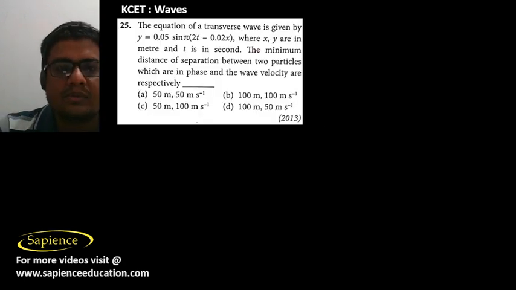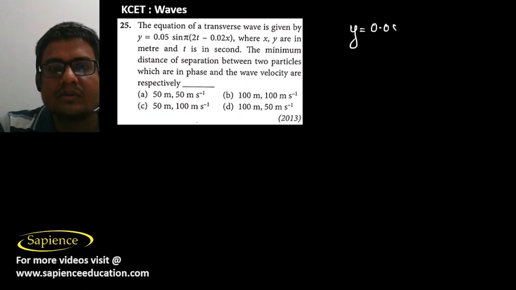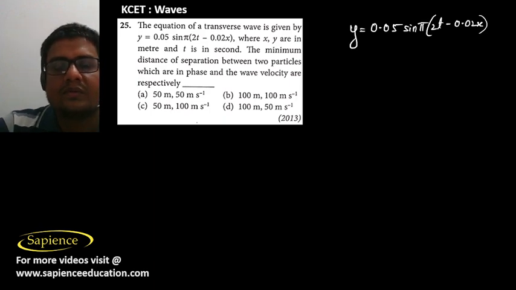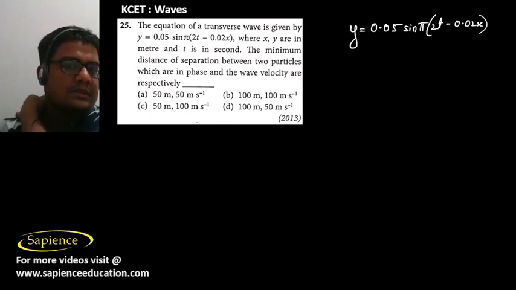Then in question number 25, it is told the equation of a transverse wave is given as 0.05 sine pi into 2t minus 0.02x, where x and y are in meter and t is in second.